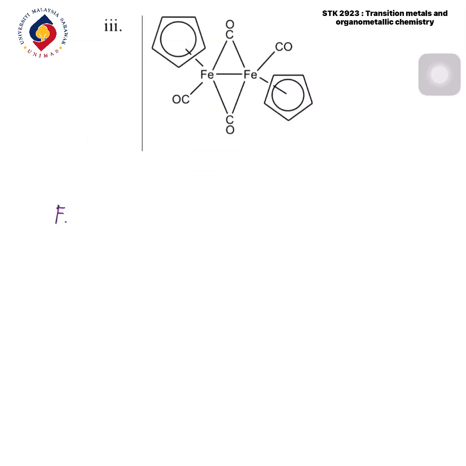Iron in its original state is d8, which is 8 electrons. This is positive 1 and this is positive 1 in this complex. Thus, iron in this complex has 2 positive charge, which is d6 with 6 electrons. This ligand here is eta 5 because it has 5 bonding atoms to the metal.